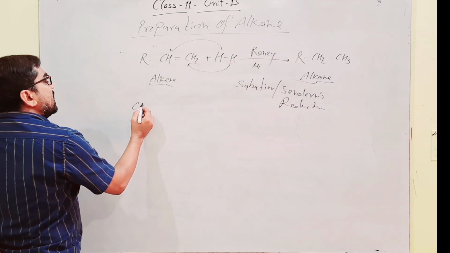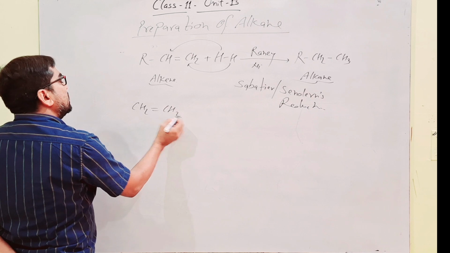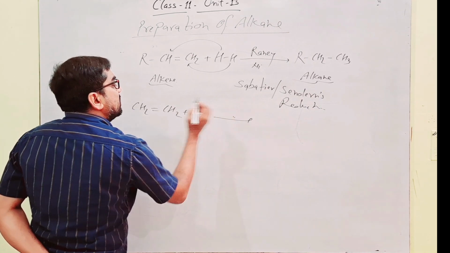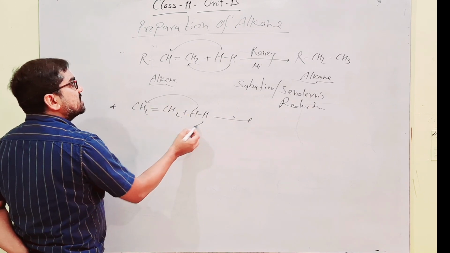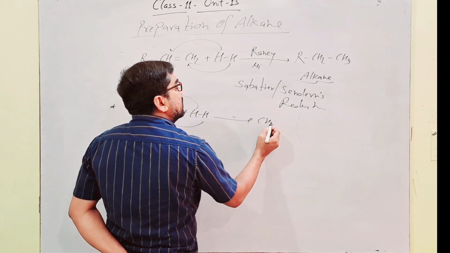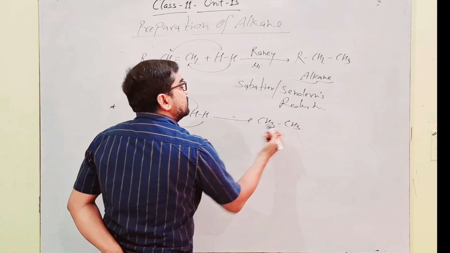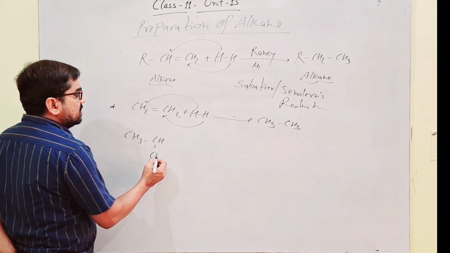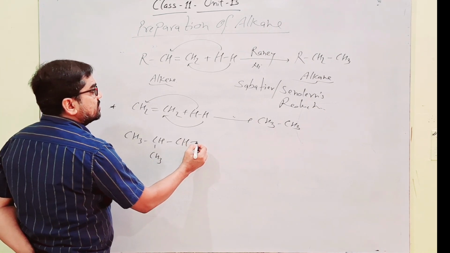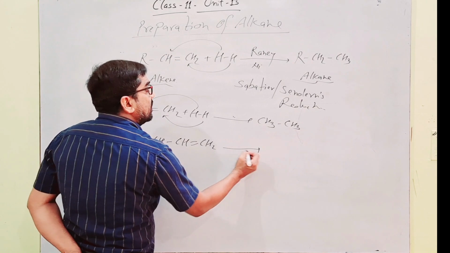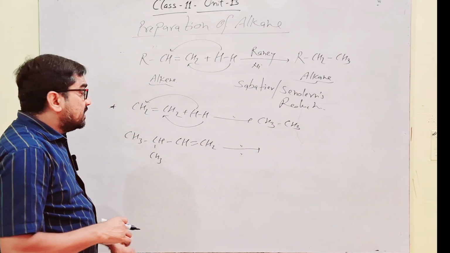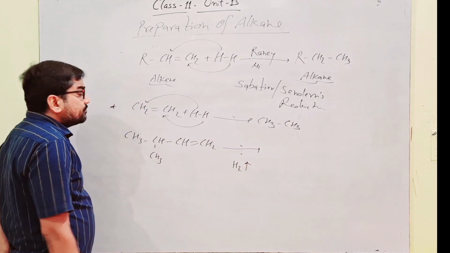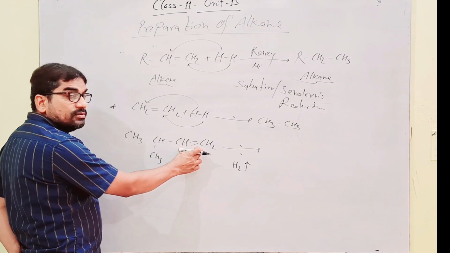Here CH2 double bond CH2, a real example with ethylene, is reduced with the same catalyst. Here hydrogen to this carbon, formation of CH3 CH3. Next CH3 CH single bond CH3 single bond CH double bond CH2, same condition, Raney-Nickel and aluminium alloy. Reduced by hydrogen, so one hydrogen here and one hydrogen here.